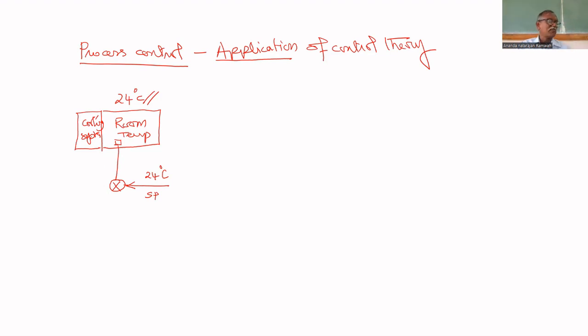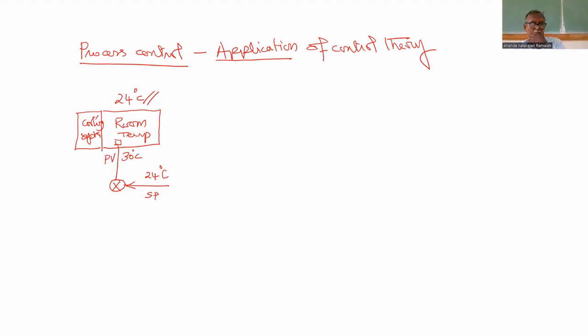Most of the terms will be new. So you want to maintain at 25 degrees centigrade means that 25 degrees centigrade is called the set point. This present temperature may be 30 degrees centigrade. That is called process variable, PV.